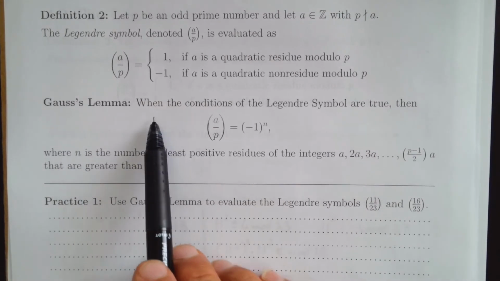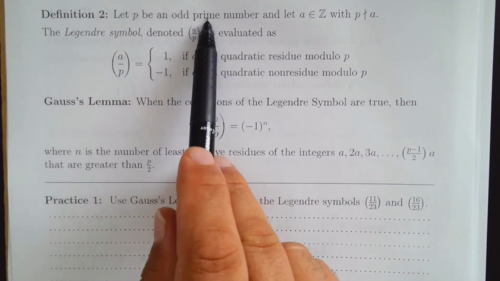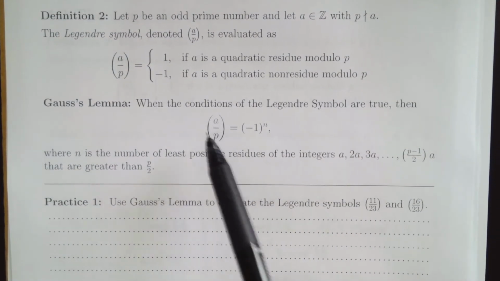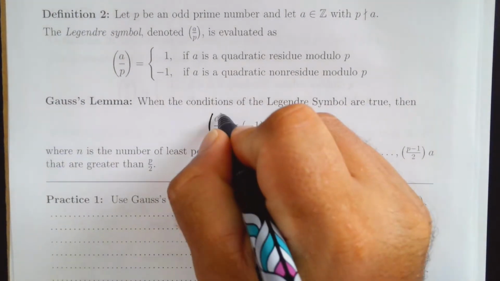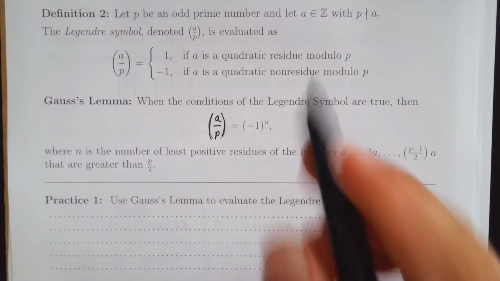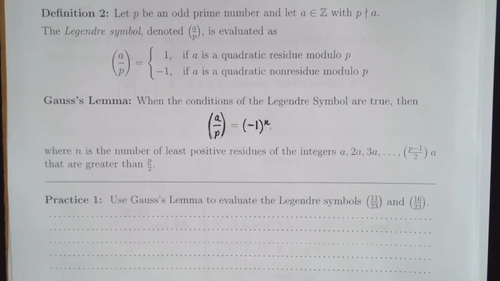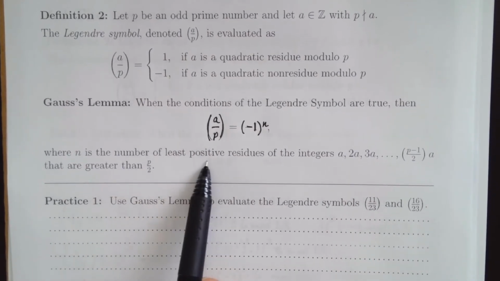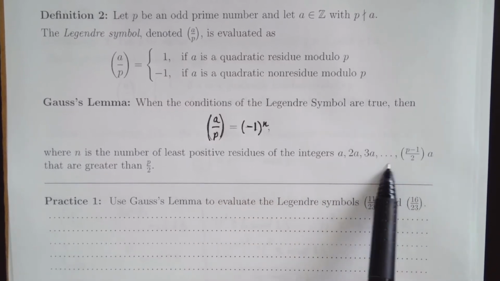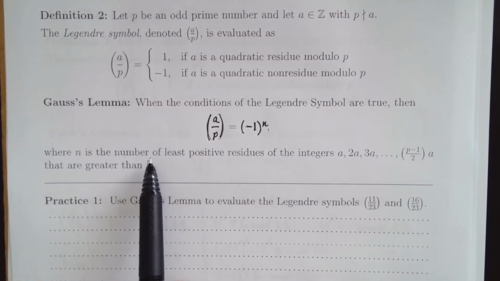Gauss's lemma says that when those conditions for the Legendre symbol are met, so you have p as an odd prime number and a as an integer where p does not divide a, then the Legendre symbol of a modulo p will be equal to -1 raised to the nth power, where n is the number of least positive residues of the integers a, 2a, 3a, going all the way to (p-1)/2 times a, that are greater than p over 2.